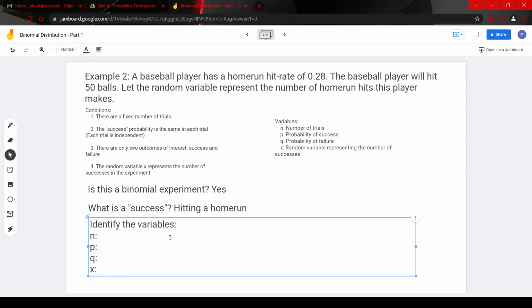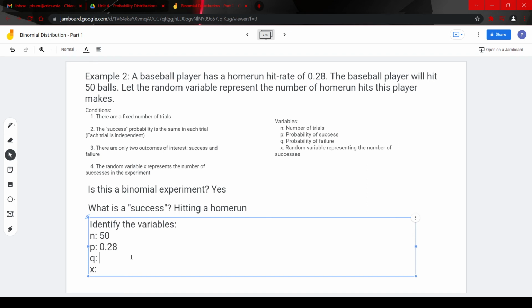Identifying the variables. Number of trials, 50. We have 50 balls. The probability of hitting a home run, this is also given, 0.28.